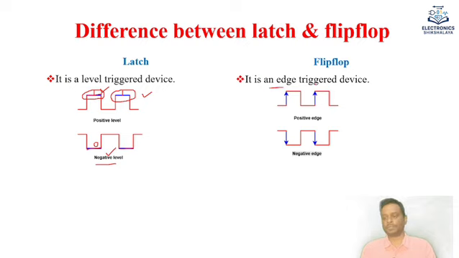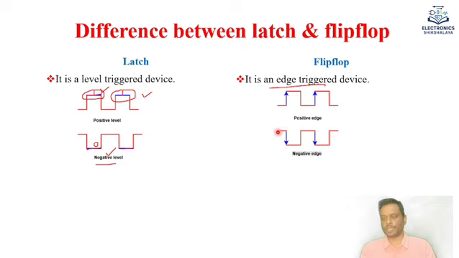Similarly, flip flops are edge triggered devices. You can see edge triggering here. Edge triggered means there is an edge, a transition from low to high. The positive edge is the transition from low to high, or the rising edge. So whenever it finds the rising edge, the output can change state.